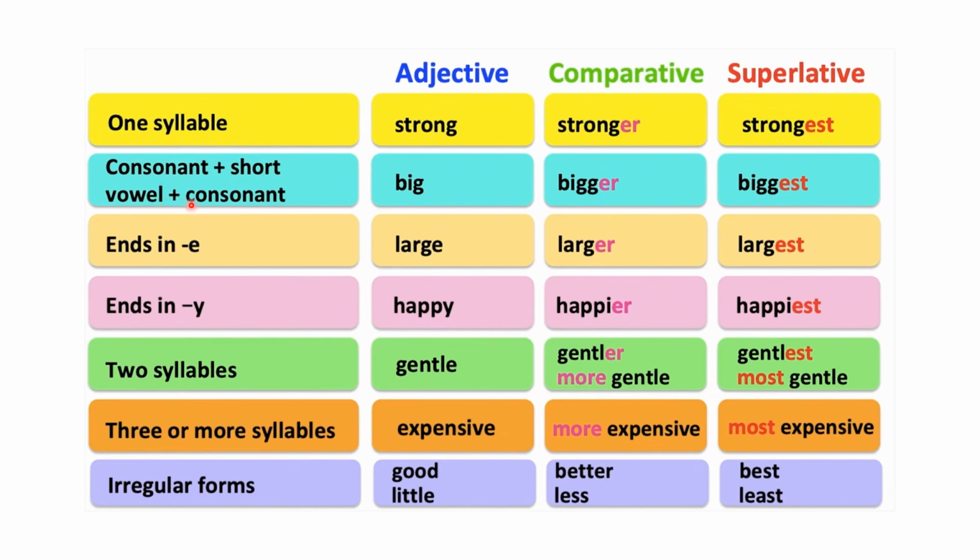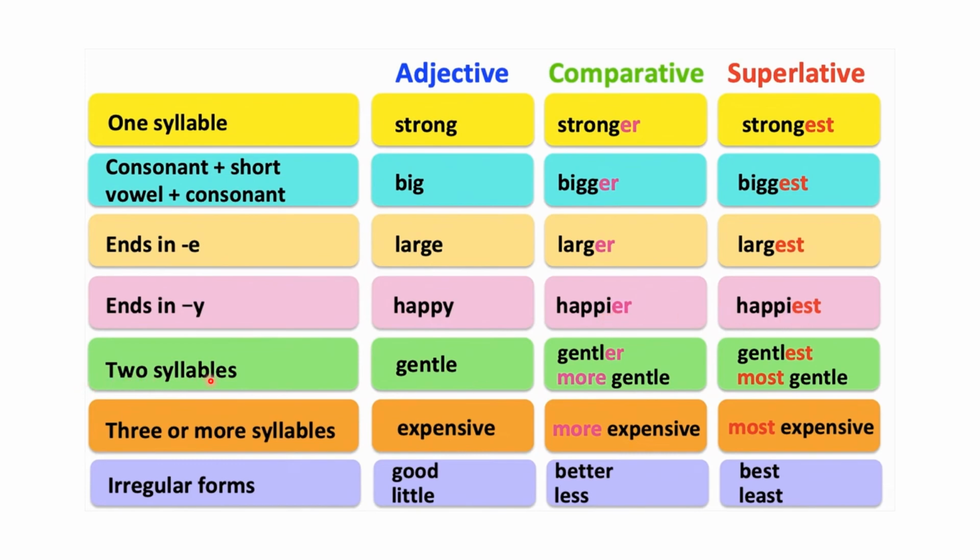Consonant with short vowel and consonant, so it will become bigger, biggest. The word that ends in E, so we just add R and then ST. Large, larger, largest. Ends in Y, happy, so we change Y into I, happier, happiest.